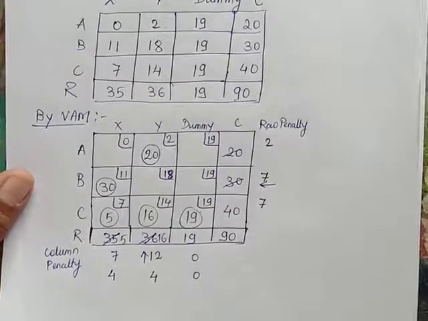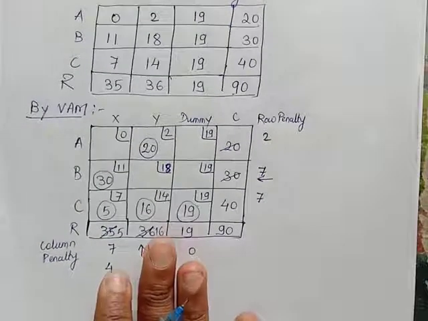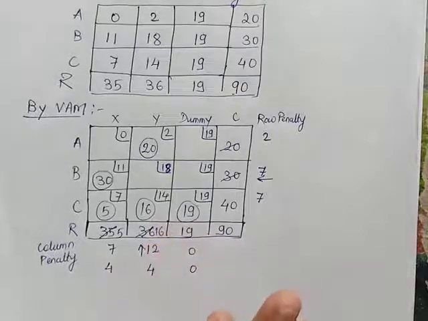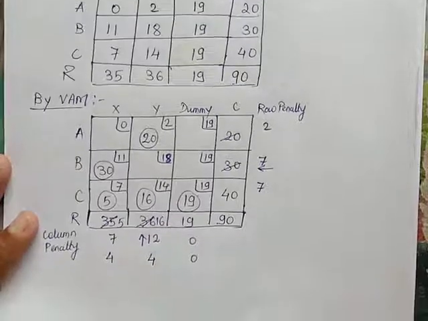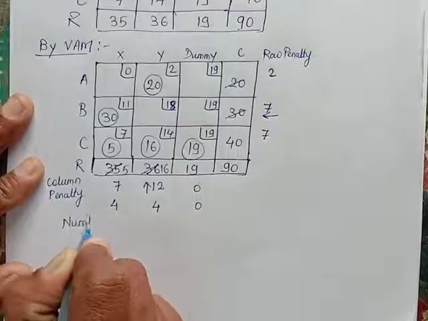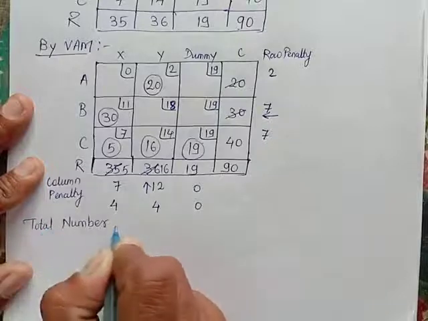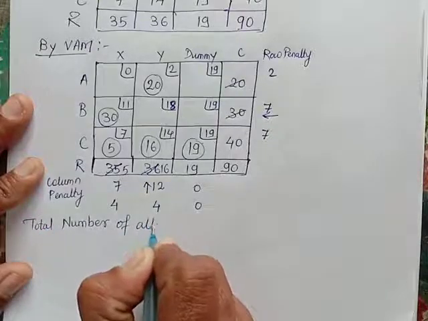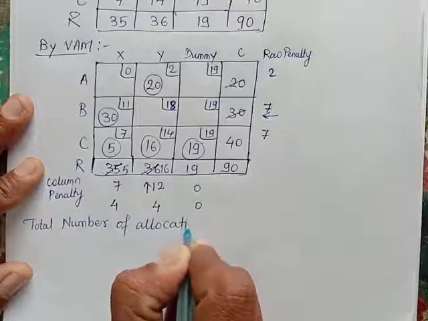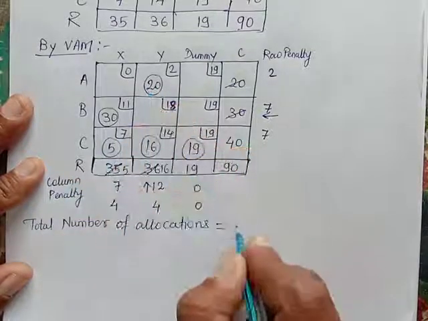Now let's go for it. If this is non-degenerate, we can directly go for optimality. So now here the total number of allocations is equal to how many? 5.